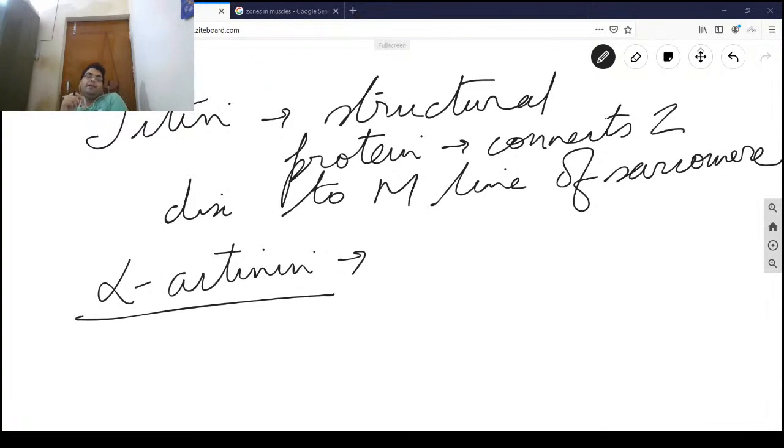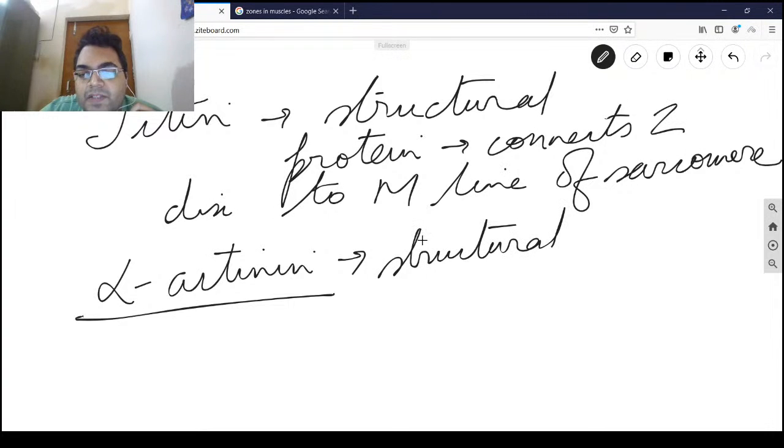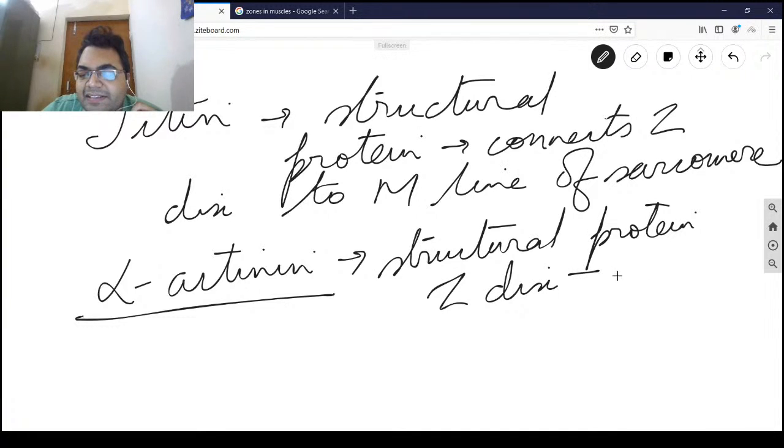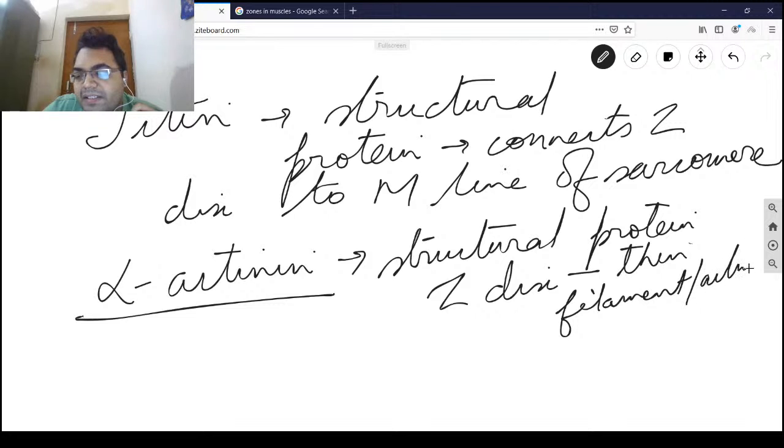The thin filament is made up of actin only, right? So the Z disc comprises alpha actinin. Alpha actinin is the structural protein of the Z disc, which will attach itself to the thin filament or actin.